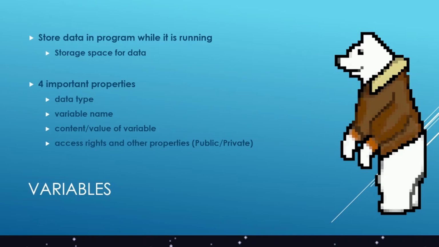The most important properties for any variable are the following. The data type represents whether it is a number, a digit, a sentence, or just a small character. The variable name is something which can be chosen by yourself.